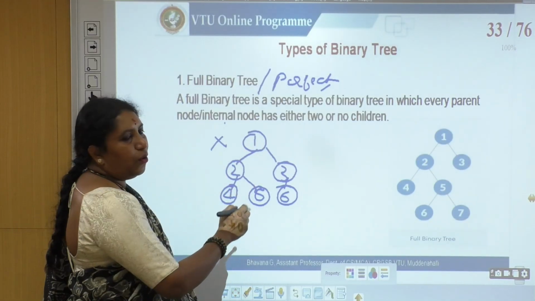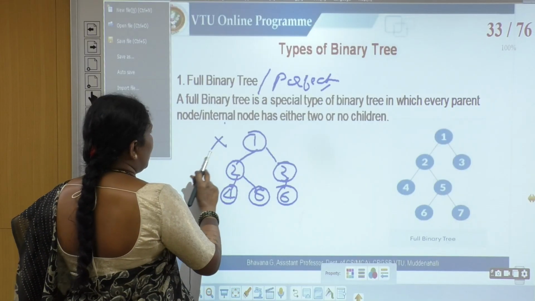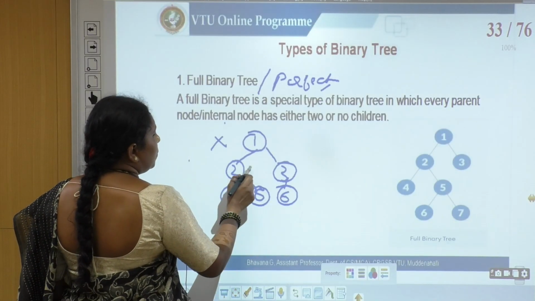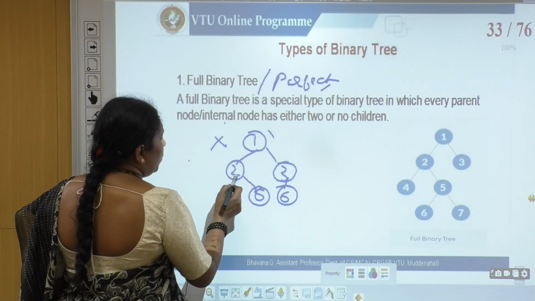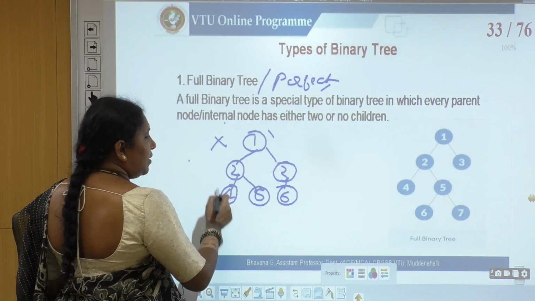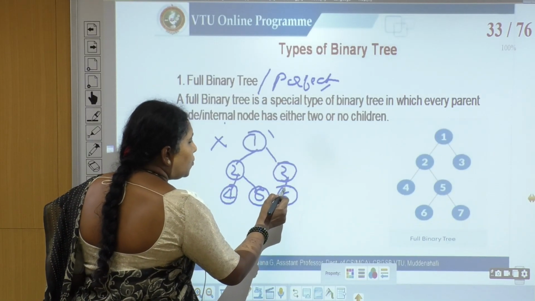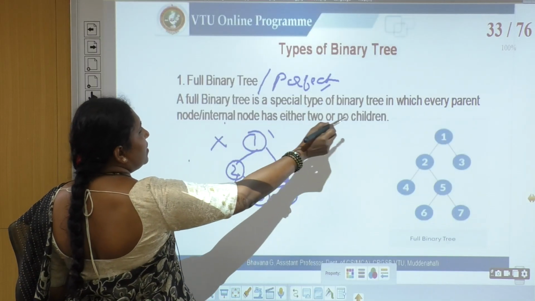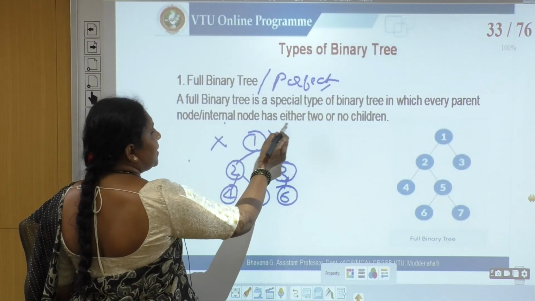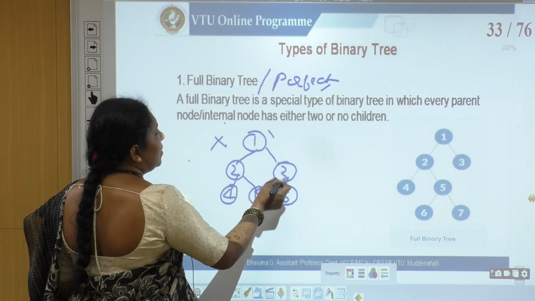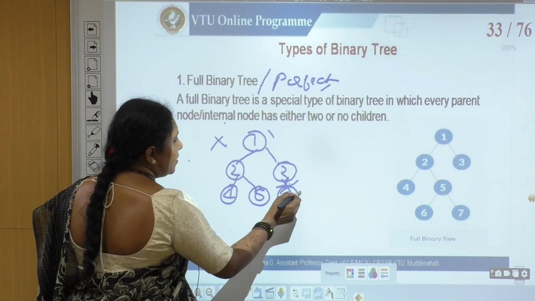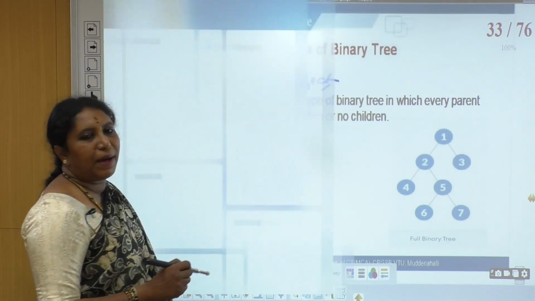This is the root node, it has 2 children, 2 and 3. Okay. So this is full so far. Now 2 has 4 and 5, it is again full. Now here 3 has only one child. What does the definition say? A parent node has either 2 or no children. So it should not have this. If this is not there, then it is a full binary tree.